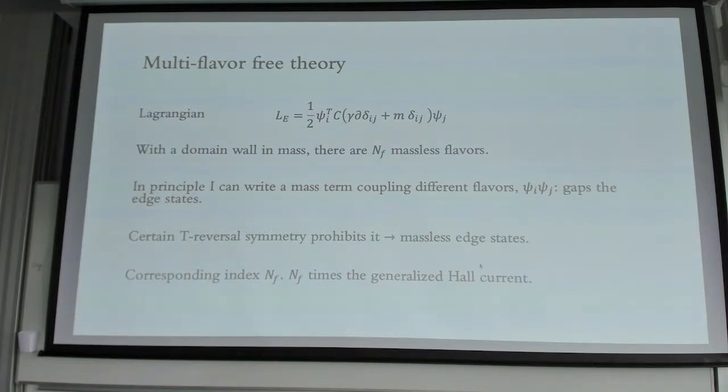But I can write a certain T-reversal symmetry, which I will show you in the next few slides, which can prohibit these mass terms. So I get as many massless states as the number of flavors I had in the original theory. So the corresponding index is NF. It can be 1, 8, 13, 55, whatever you want it to be, because this is a non-interacting theory.